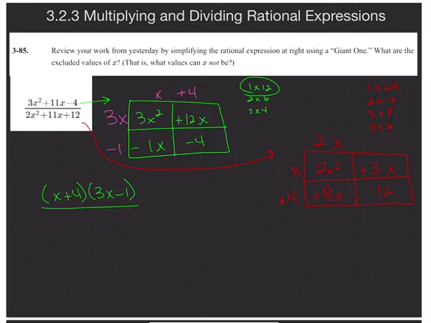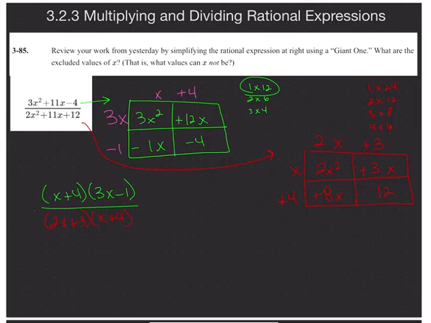Positive 3. And then I'm just checking that last one. Positive 3 times positive 4 gives me a positive 12. So now in my denominator, my factors are 2x plus 3 and x plus 4.